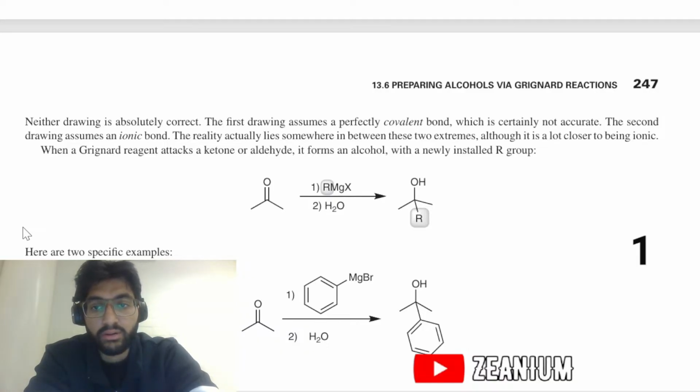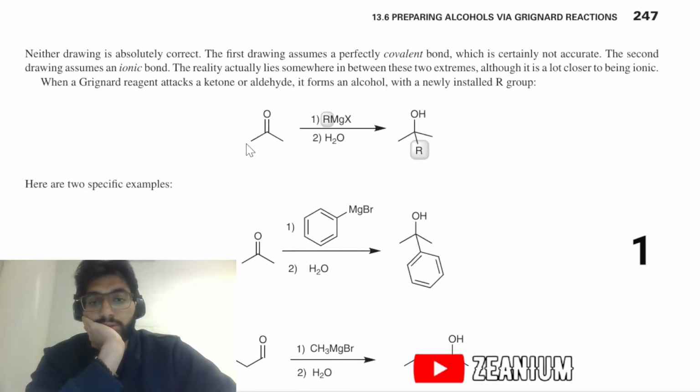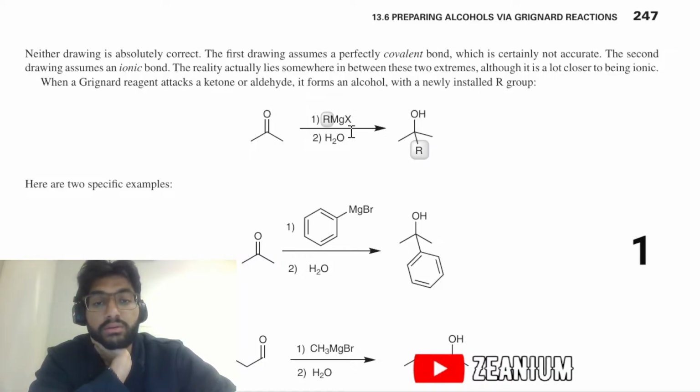When a Grignard reagent attacks a ketone or aldehyde, it forms an alcohol with a newly installed R group. So when the Grignard reagent is added to a ketone, the R group gets installed and it creates an alcohol.